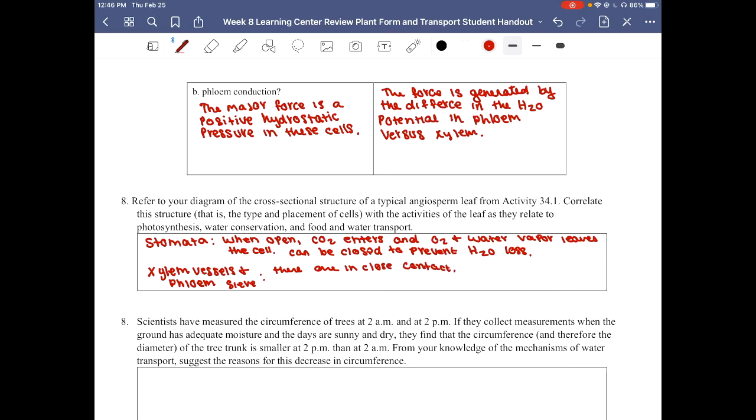And what they're going to do is facilitate the movement of the water from the xylem to the phloem to produce the hydrostatic pressure for the movement. So this is the phloem conduction that we were looking at. We talked about the force that's generated, so that's happening in these structures. So these structures are what's helping with the phloem conduction.